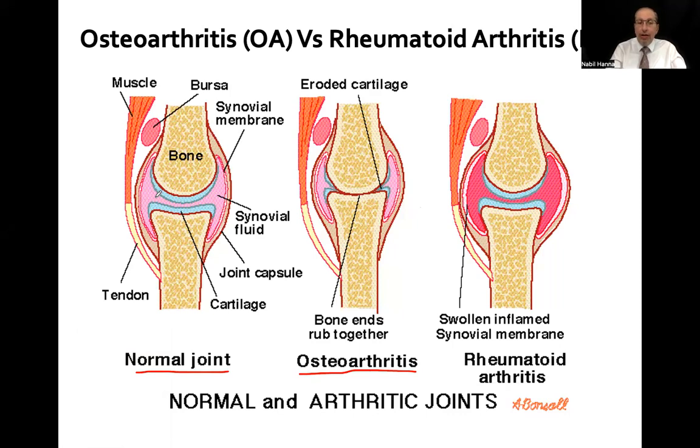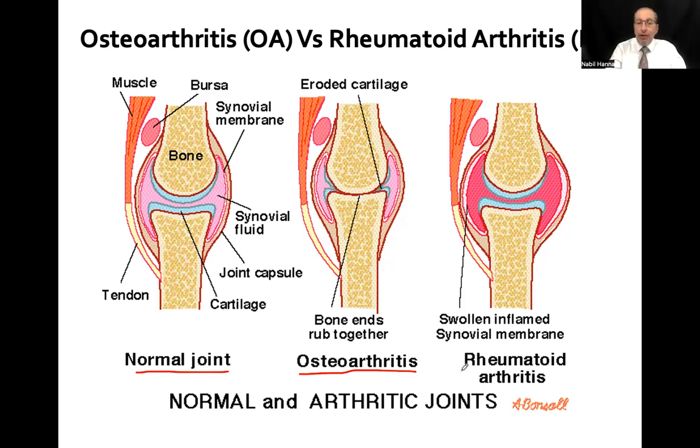This is where osteoarthritis starts: degeneration of the articular cartilage leading to loss of the joint space. The result is a lot of friction between the articulating surfaces of the bones involved in the joint, and this creates pain, especially with activity.